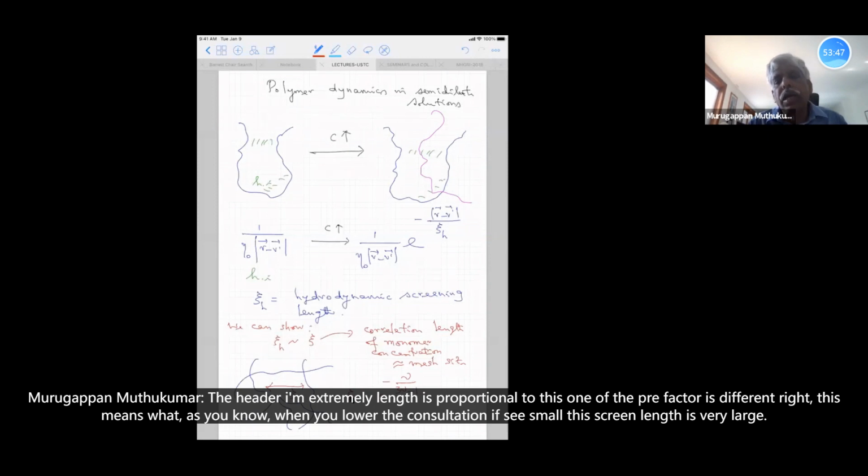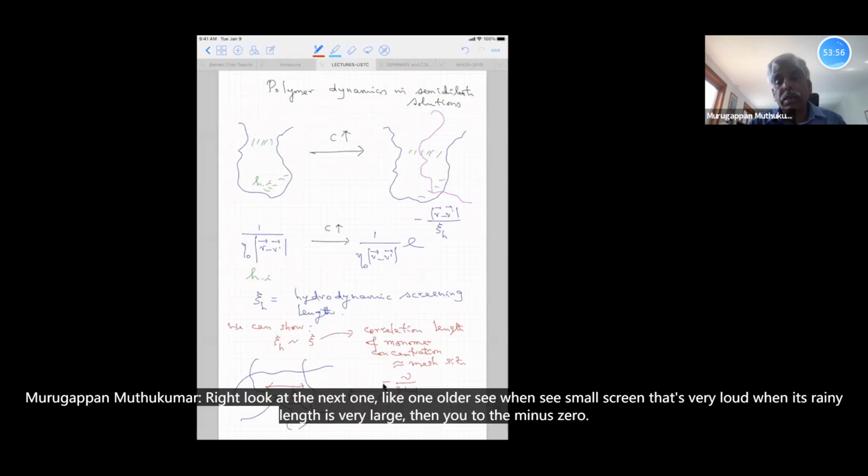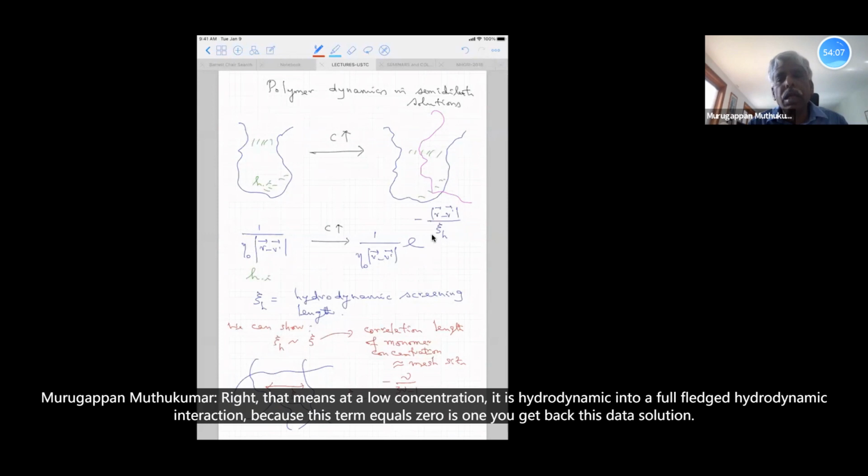This means what? When you lower the concentration, if C is small, this screening length is very large. Look at the negative sign, 1 over C. When C is small, screening length is very large, then e to the minus 0. That means at a low concentration, it is full-fledged hydrodynamic interaction, because e to the power 0 is 1. You get back the dilute solution limit.